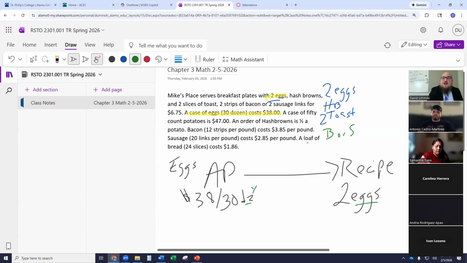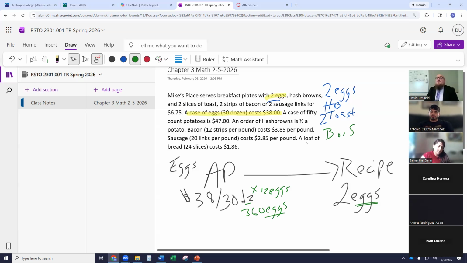So if we multiply by 12 eggs, that 30 dozen actually equals 360 eggs. Now, do our units match? Yes. Eggs and eggs, right? So our first step is to identify, do our units match? If they do, great. If not, we have to convert in some way, okay?